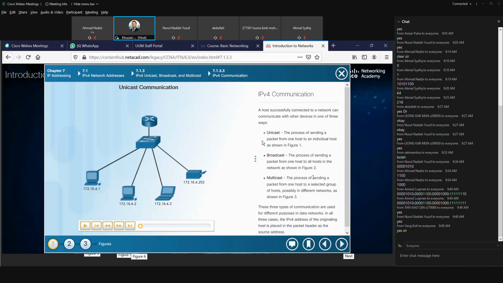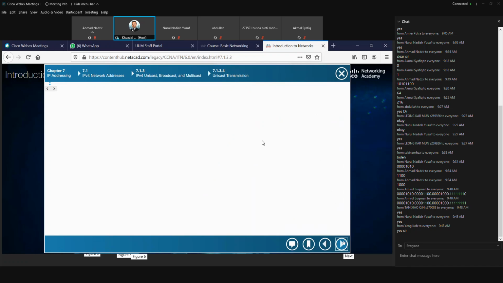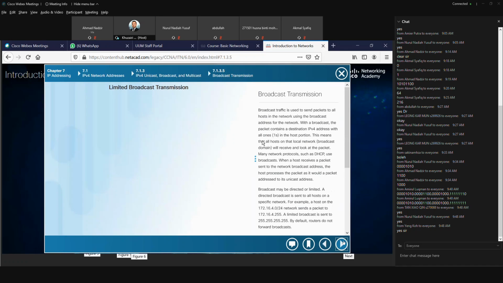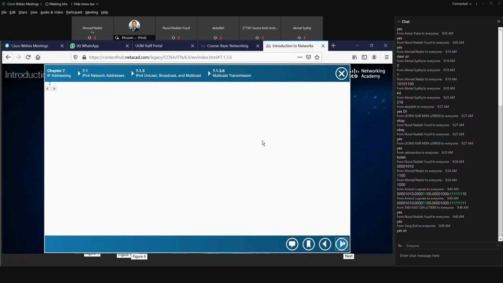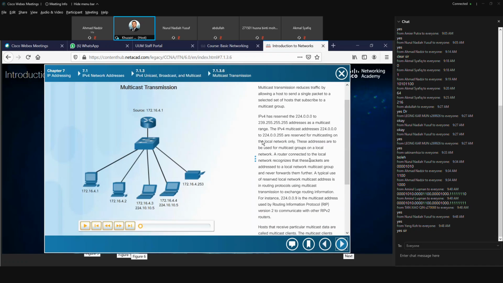And then for multicast, you have a specific IP address range. In IP version 4, if the router sees 224 to 239.255.255.255, that means a multicast address. So this is the range of multicast IP addresses.